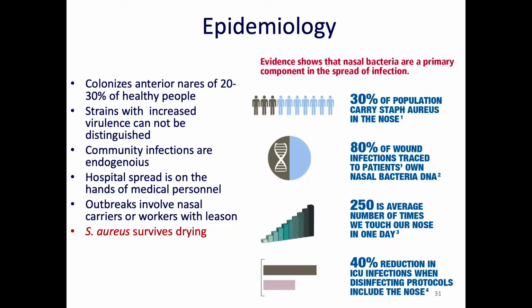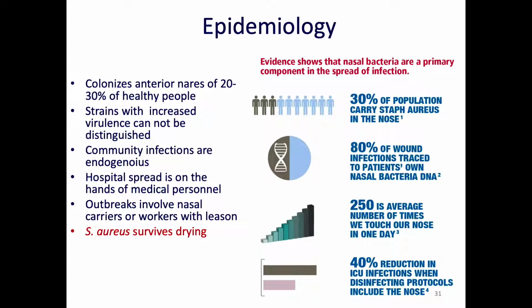This is why it is absolutely necessary to screen the staff of hospitals for the carriage of Staphylococcus, and for this, samples from the nurse should be obtained. Usually the anterior nares of 20–30% of healthy people are colonized.